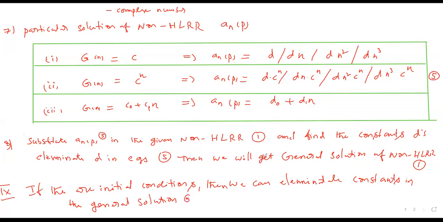Suppose, for example, 6, we will get the general solution. This I am denoting by 6. In the general solution 6, then finally, hence we get the final general solution. This is denoted by sum 7.